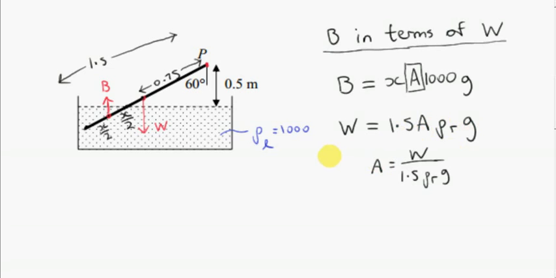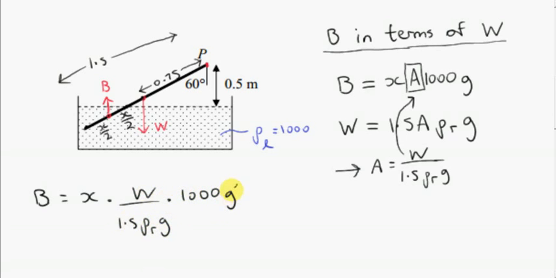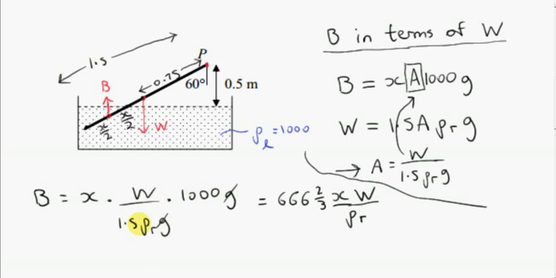So we rearrange this to get A, and we sub this in up here, so we get B in terms of W. So A is W over 1.5, the density of the rod times G, multiplied by 1000 G. The G's cancel. Okay, so we have 1000 divided by 1.5, that's 666 2/3, and we've XW over rho r.